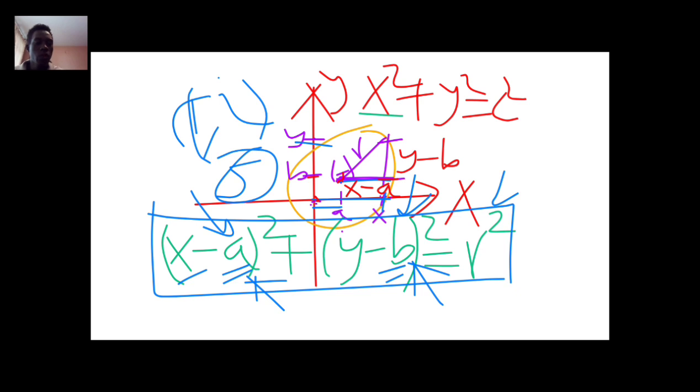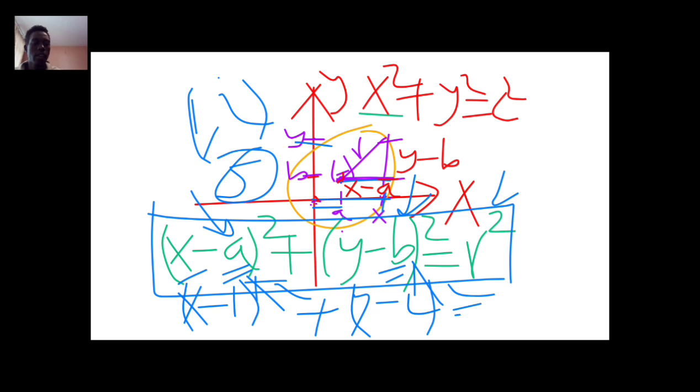So here you can easily say that it is x minus 1, because the a value is 1, so it is going to be x minus 1 squared plus y minus b, which is 2, then you put it under square, is equal to r, and r is given as 5. So this is how you can do it.